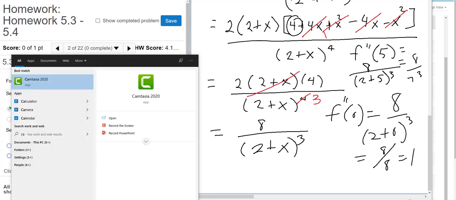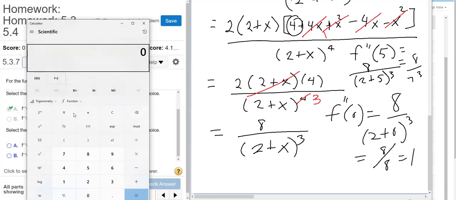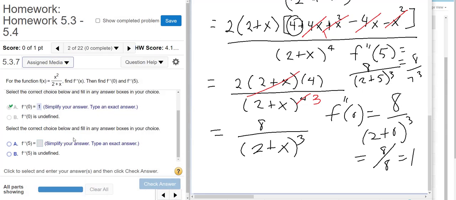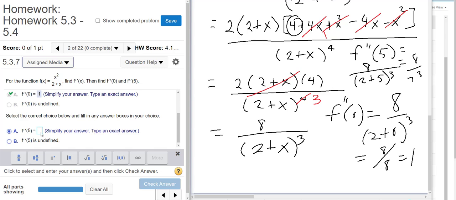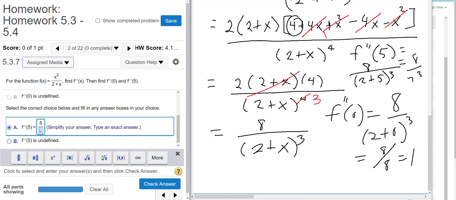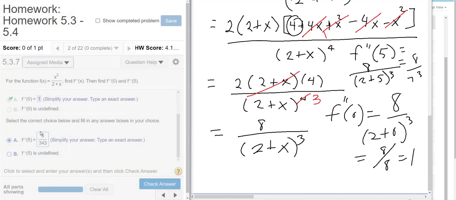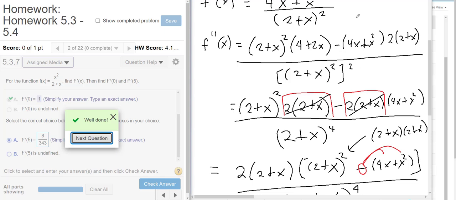So I'm going to grab my calculator real fast. 7 to the third power is 343. So 8 over 343. So hopefully that's reduced. It will tell me if it's not. And it was.